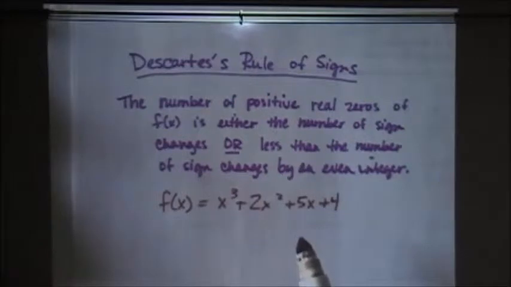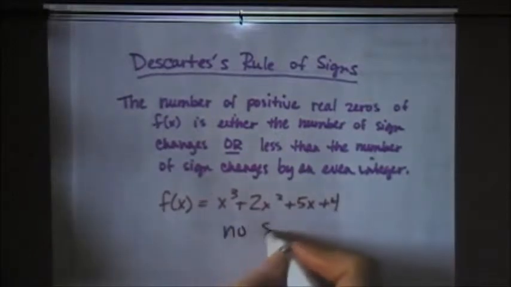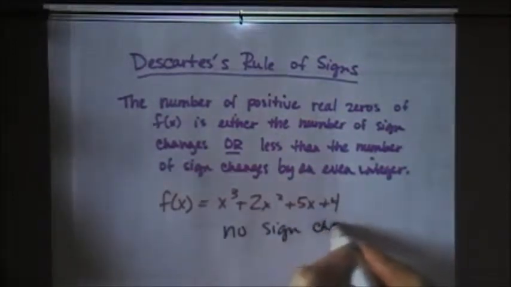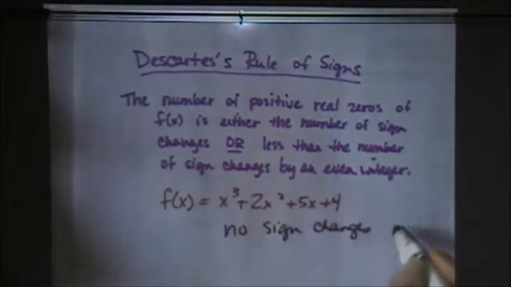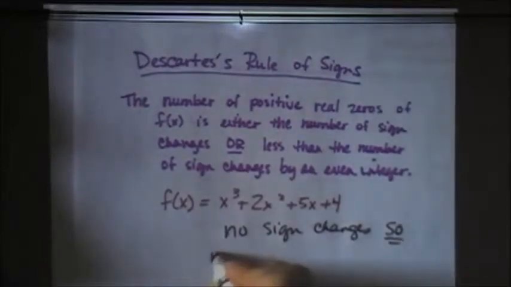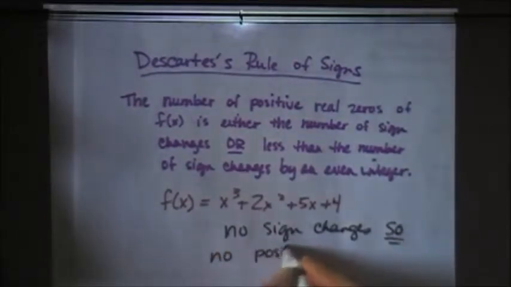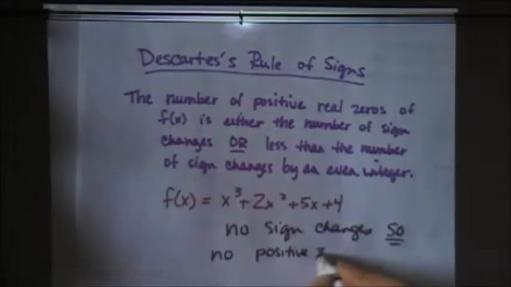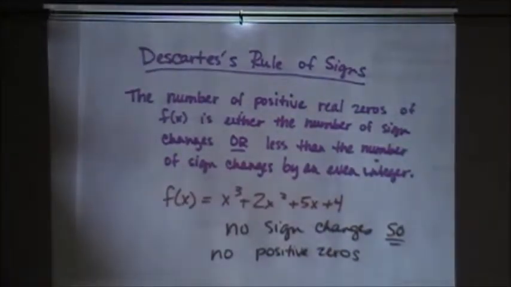So in this case, there are no sign changes. So there are no positive zeros. No positive real zeros because the signs never changed.